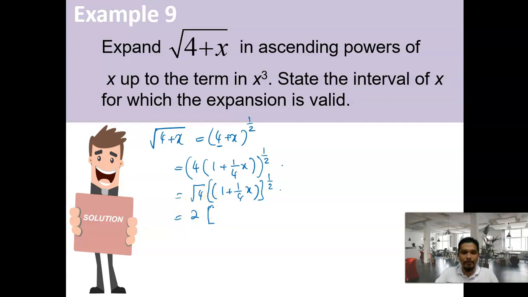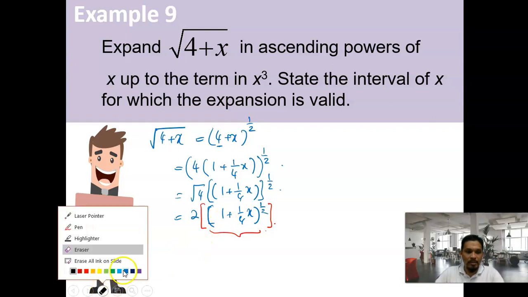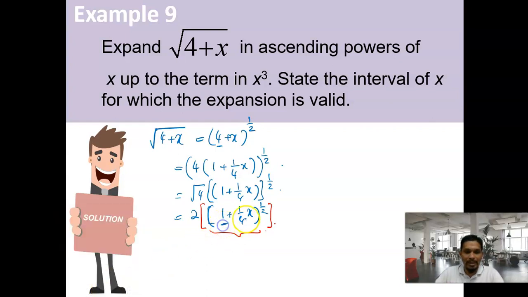So now here it is 1 plus 1 over 4x to the power of 1 over 2. So now, look at this one here. So this is the one that we're going to expand. Okay. So it begins with 1 and 1 over 4x power of half.